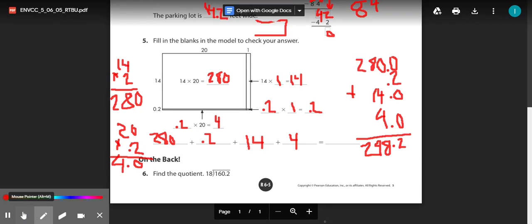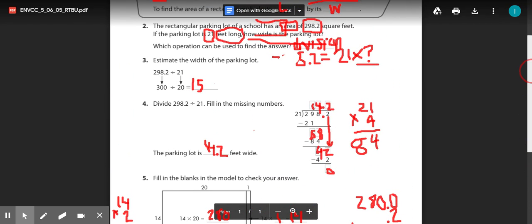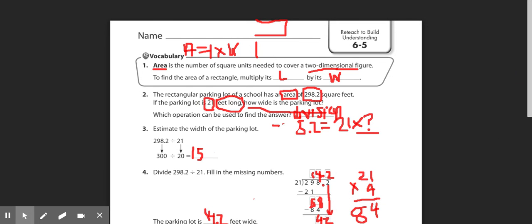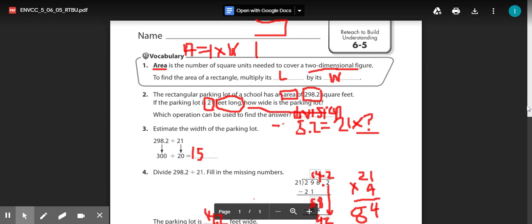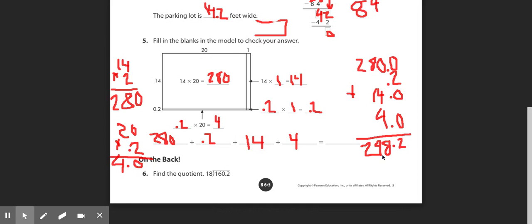Okay, I am going to scroll back up to see if my answer is correct. That should be what the original area of the parking lot was. The original area of the parking lot was 298 and 2/10. And that means my answer is correct.